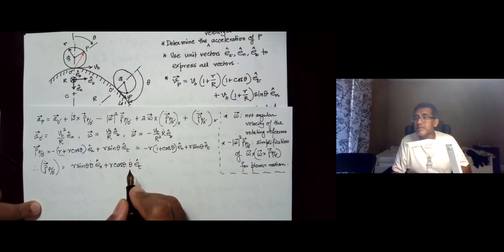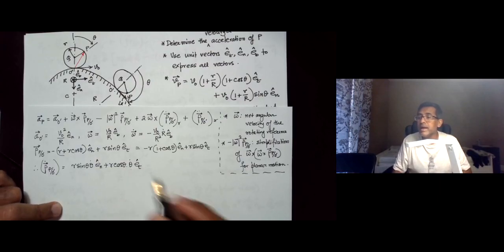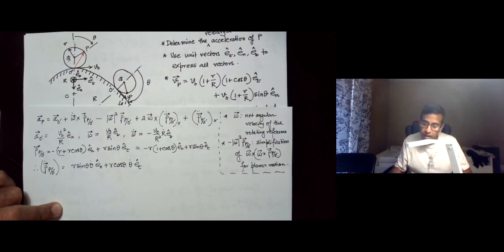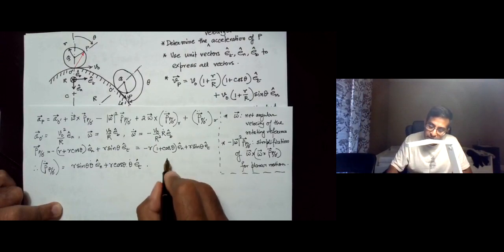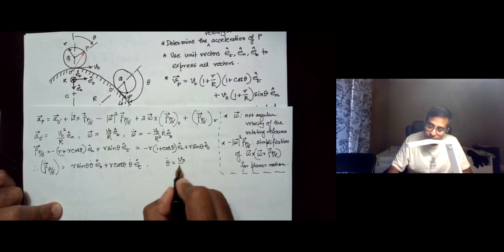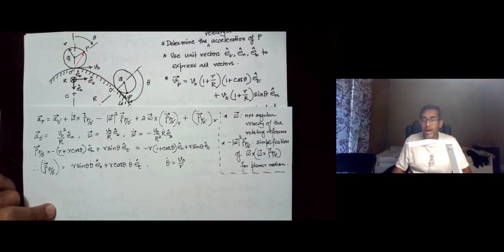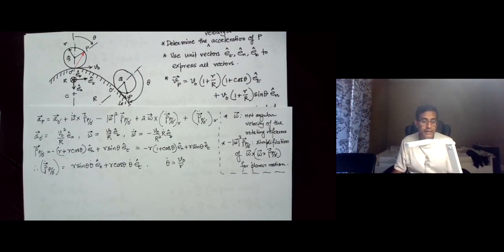Now we have the expression for theta dot, and theta dot is V naught divided by small r. This was derived in the prior discussions, so I'm not repeating that here.